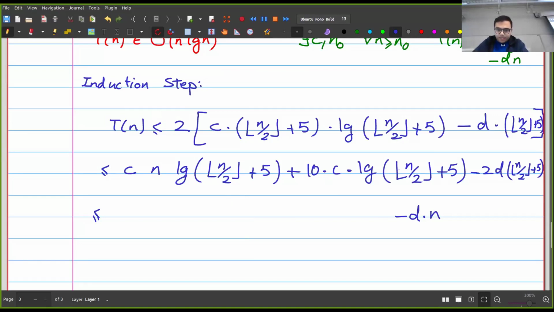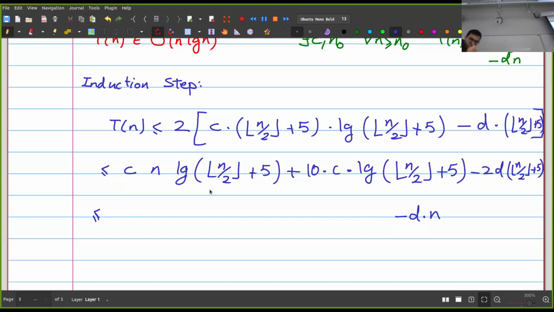And that's not great. So here's what I want to do. I want to take log of n over 2 plus 5 and say that this is at most, well, actually, let me see. If it was just n over 2, log of n over 2 would be log of n minus 1, right? So it's a little bit more than log of n minus 1, especially if n is really large.